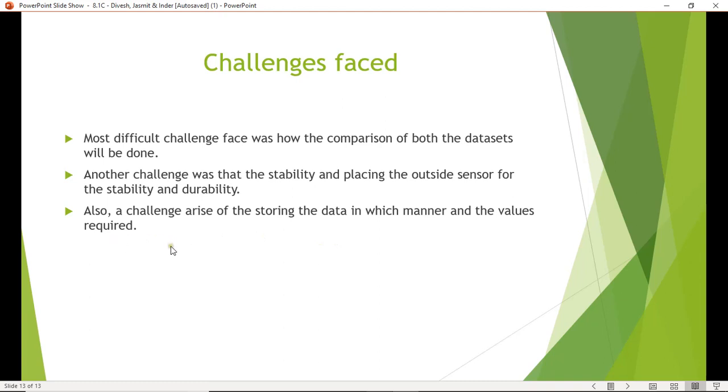Another challenge was the stability and placement of the outside sensor, for stability and durability, because varying environmental conditions influence it. Sometimes it was raining, which was causing issues. Also, a challenge arose in storing data, in which manner and the values required.